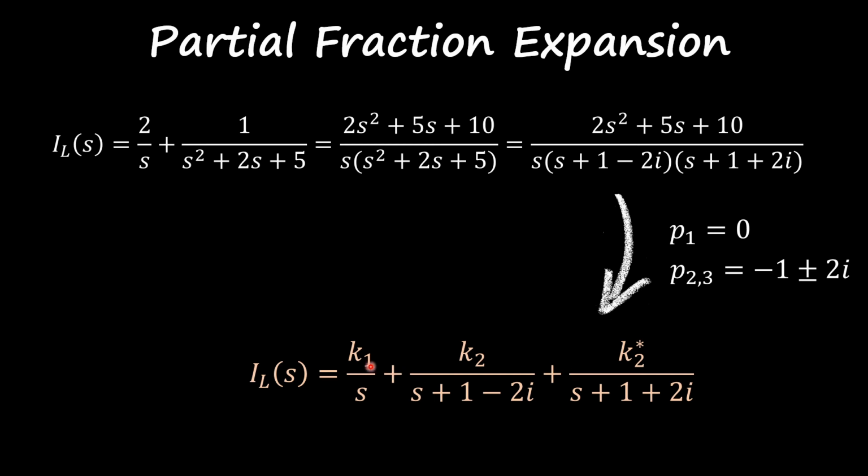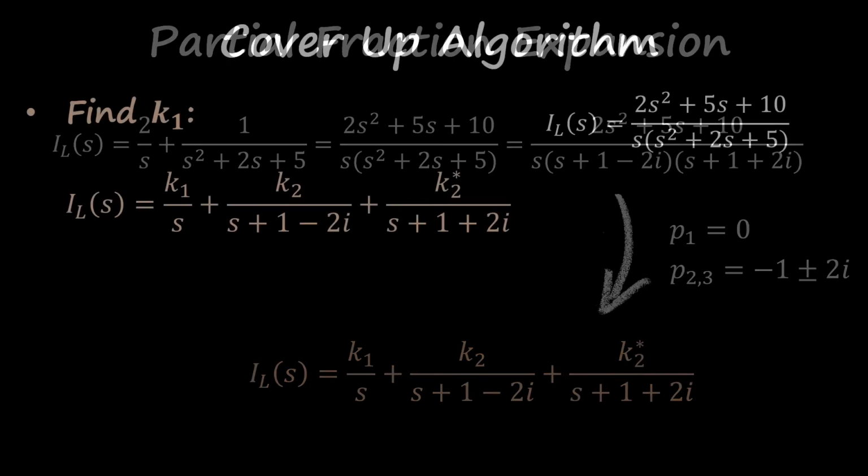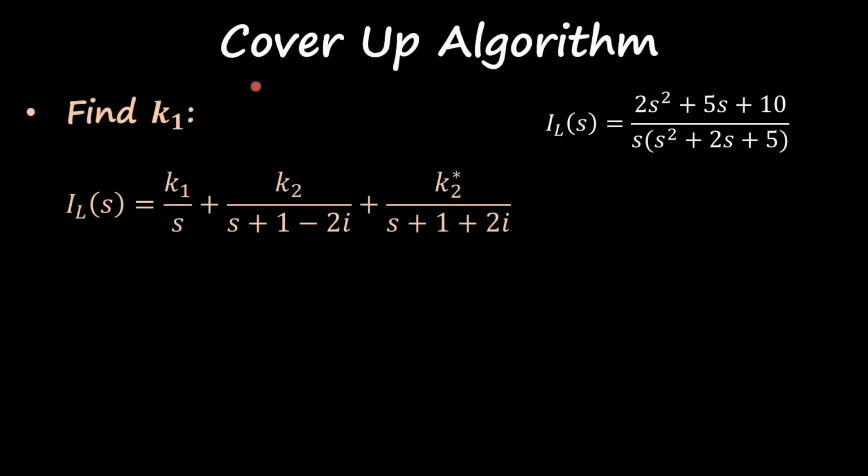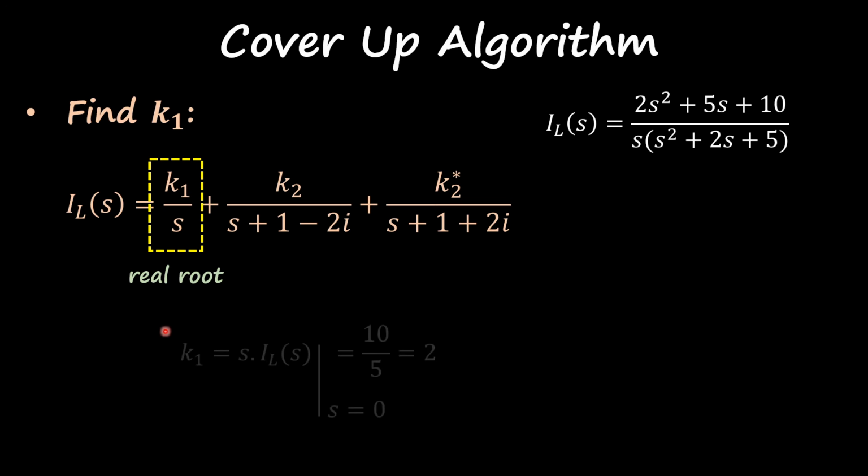Alright, so now let's focus and find these k's. So let's find k1, applying the cover-up algorithm. In this case, for our k1, because k1 is a real root, I'm actually going to use my IL of s in this format. That's just because it makes my life easier.